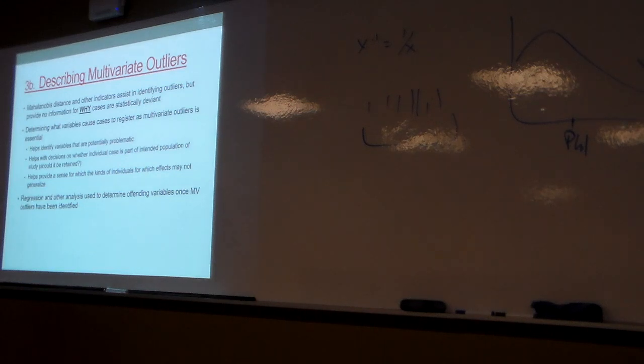We use our regression analyses to determine what variables are causing cases to be multivariate outliers. So once we've identified them, we can use some regression techniques to tease apart what specific variables are causing these individuals to come up as problematic. But we'll go into that when we actually do the walkthrough in SPSS.